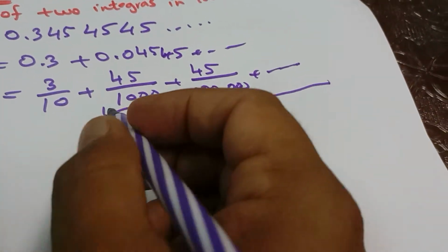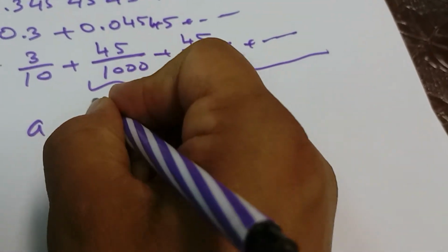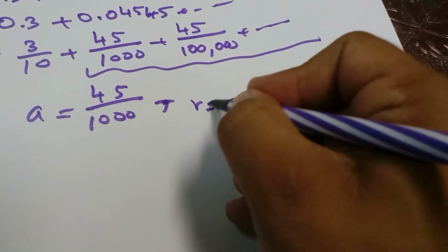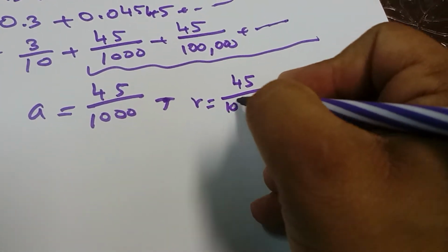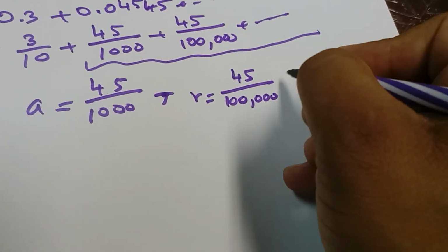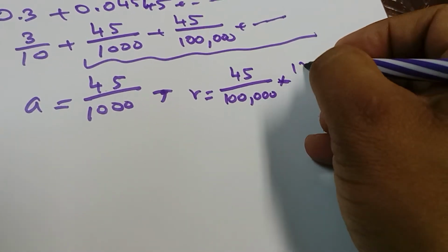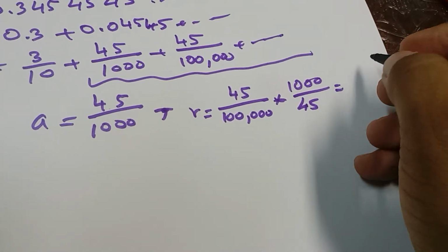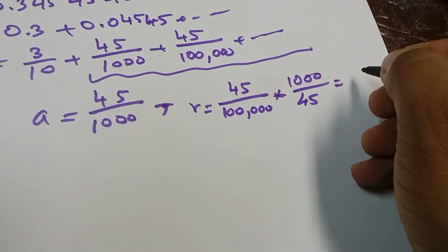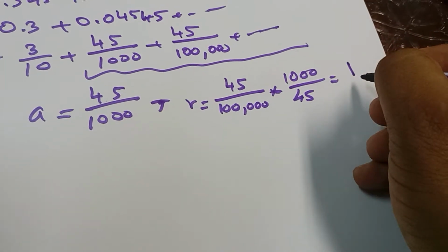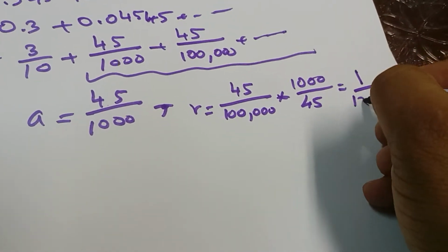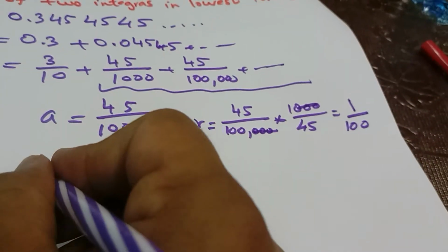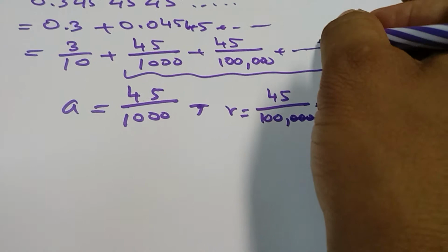I can just consider it as geometric. A equals 45 over 1000, and R equals 45 over 100,000 multiplied by 1000 over 45, which equals 1 over 100, because of the 1,000 and 100,000. Okay, so let me find the sum of this.